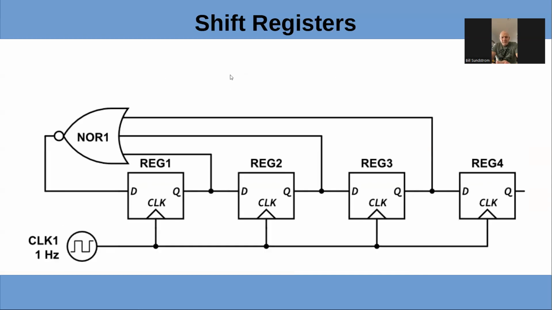Question on that. So a 3-bit counter, you said it has 8 states. Is that because 2 cubed is 8? Yes, 2 to the third power is 8.